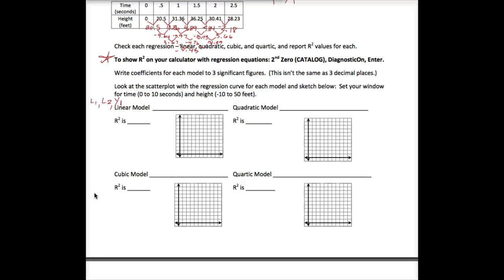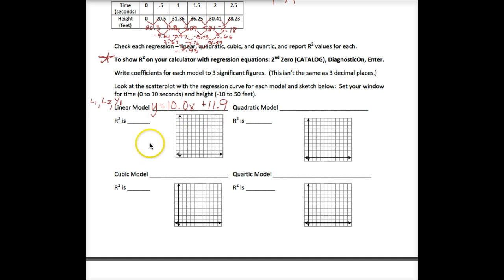So press enter or press calculate, and our linear model is y equals, it says round to 3 significant figures. So remember, that's not 3 decimal points. So here's 1, 2, 3 significant figures, and that's x. So 10x essentially plus 11.9 would be 3 significant figures.